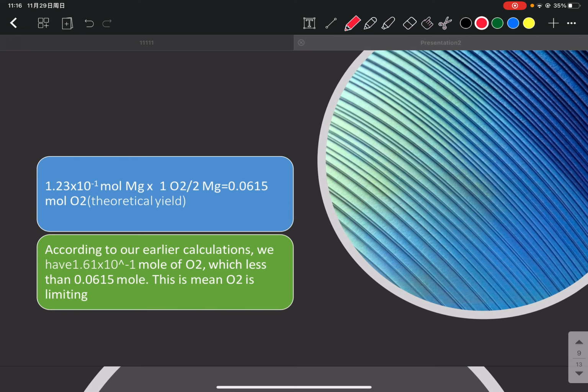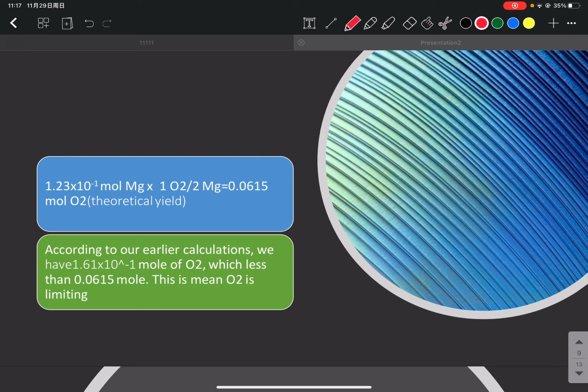We use the mole ratio between magnesium and oxygen to determine how much oxygen we would need to fully consume the magnesium. Here is the calculation, which is 1.23 times 10 to the negative power, times the 1 to 2 mole ratio, which is 0.06615 mole of oxygen.